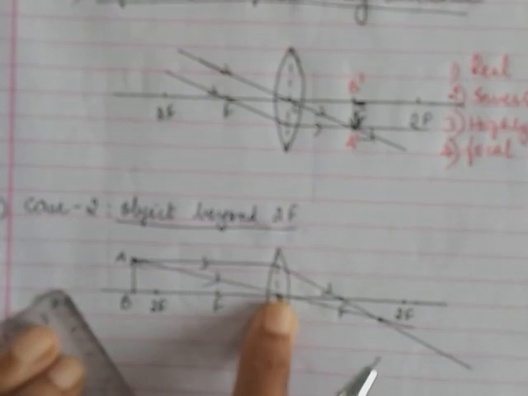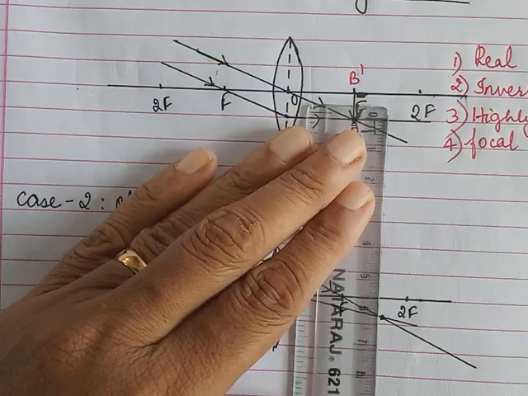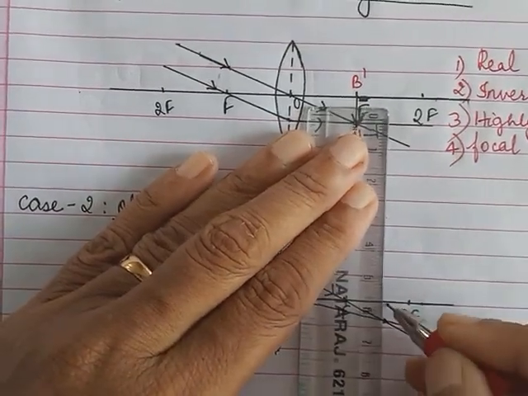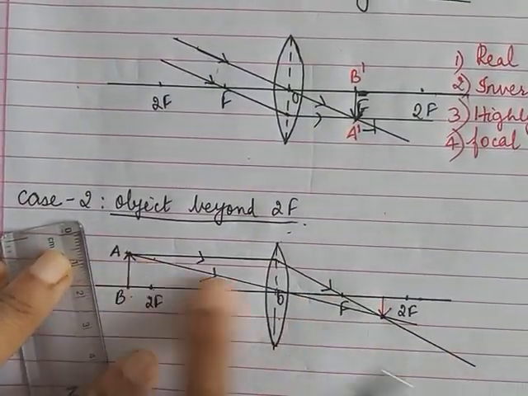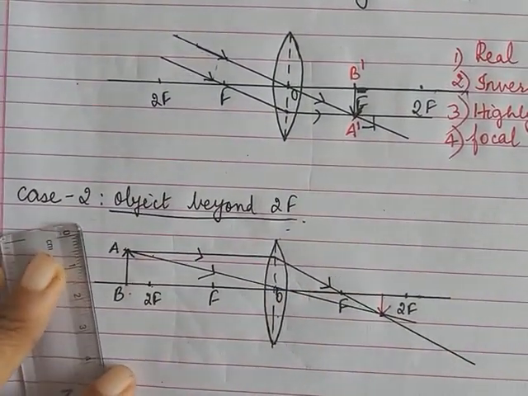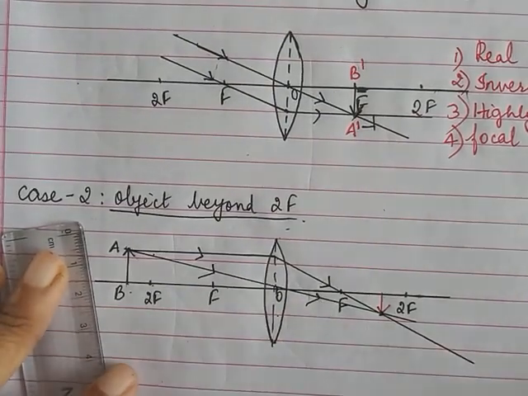I have used the third rule, ray passing through the optical center. So after refraction, these 2 refracted rays, the first one here, the second one here, they both met at this point.